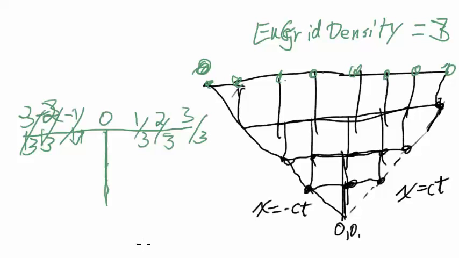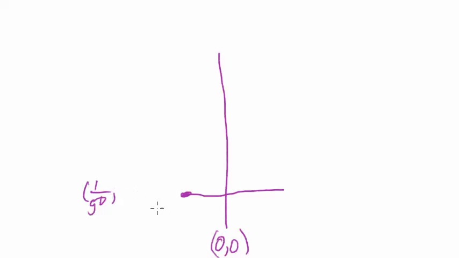So to kind of imagine what we'll be doing here, we'll have this point at 0, 0, which we actually won't use. And then we'll have this point at 1 over grid density, comma, -1 over grid density, comma 1 over grid density. And this would be 0, comma 1 over grid density.